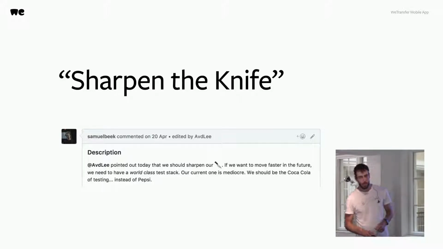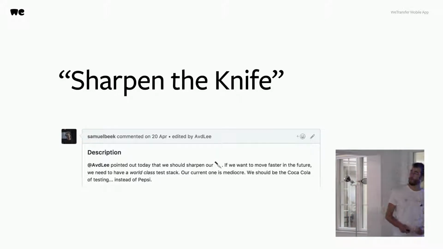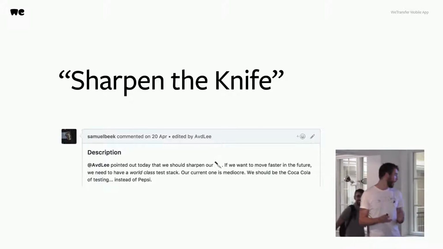Sam made an issue on GitHub where he said, Antoine told me to sharpen the knife. He was joking about it a bit, but we were quite serious about this because we wanted to invest some time in making sure our setup was solid, which would save us time in the future.